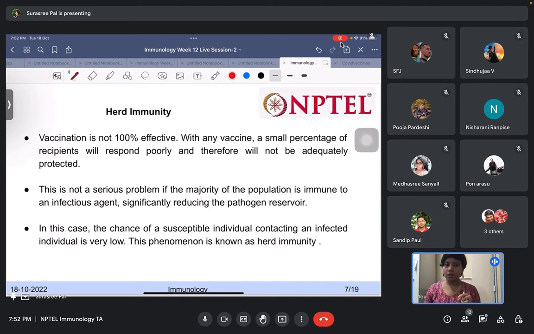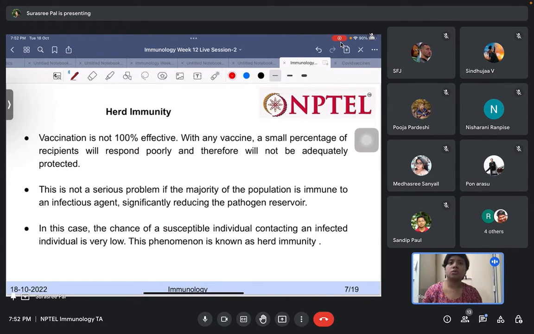But remember that if the majority of the population is immune to any infectious agent, then it significantly reduces the pathogen reservoir, which means that if, for example, there is a group of 100 people, and 95 individuals after vaccination are immune to a particular pathogen, then what will happen?